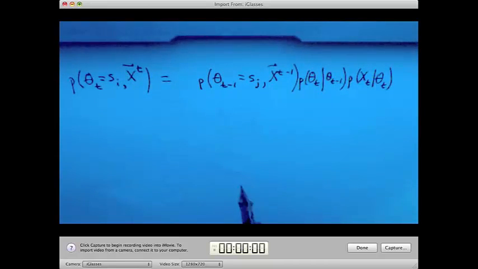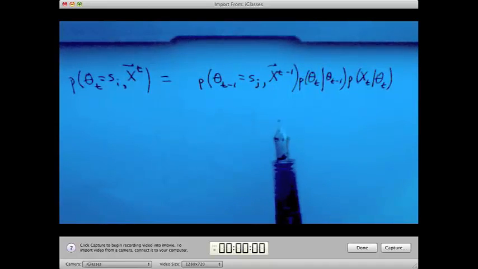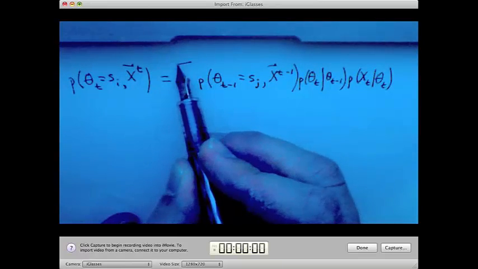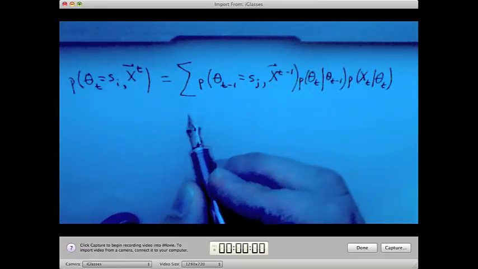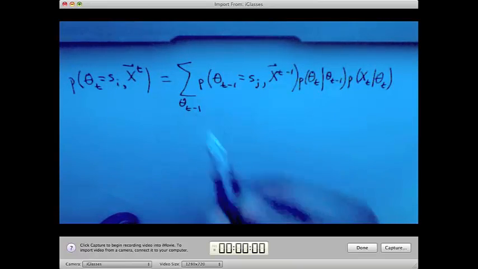There's only one problem with this expression. Here we have just theta t, right? Here we have theta t and we have theta t minus 1. We want to get rid of theta t minus 1. How can we do that? Yeah, it's just sum over all possible values of theta t minus 1.